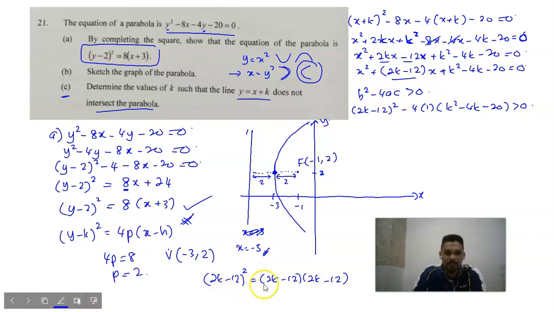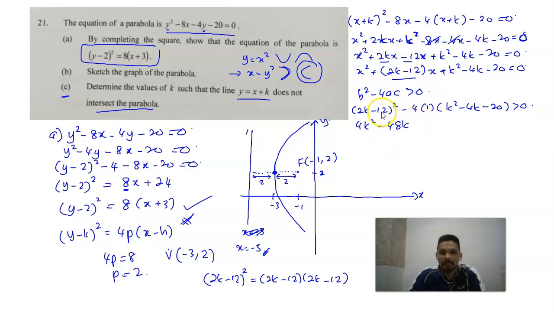So 2k times 2k is 4k squared, 2k times negative 12 is negative 24k, another negative 24k, negative 48k, and negative 12 times negative 12 is 144.